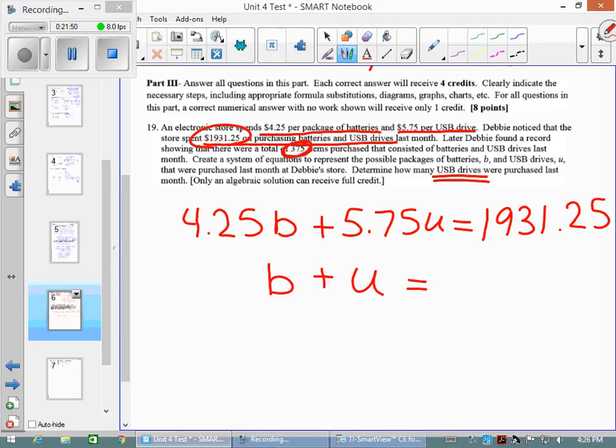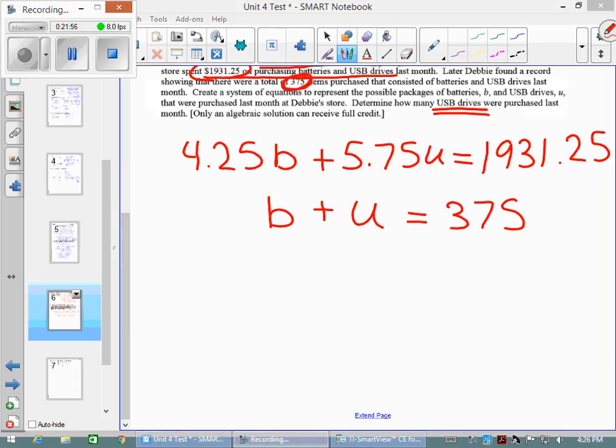So there are a few different ways that we can solve this. Since this second equation is kind of simpler, I can easily get it in either B equals or U equals. I'm going to use substitution. You could also use the elimination method.